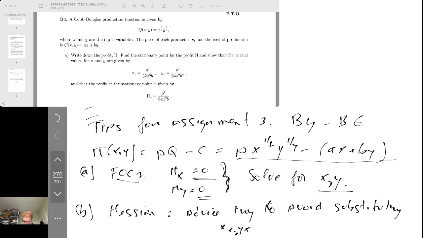Of course, you have to evaluate at the critical points, but just use x star and y star as long as possible, unless you have to substitute. In order to draw a conclusion, you don't have to substitute. If I recall right, you don't need to do that at all in order to draw a conclusion.